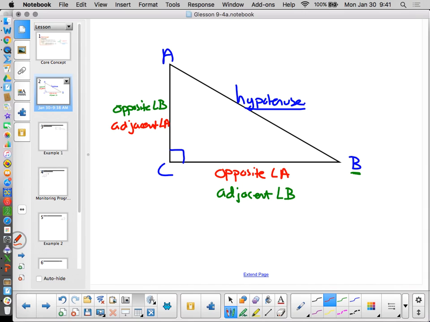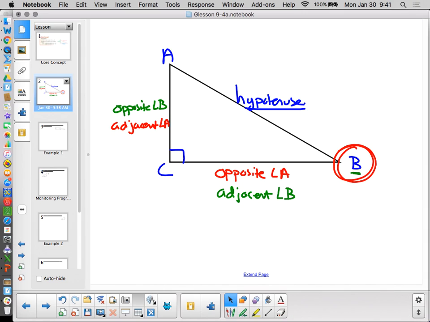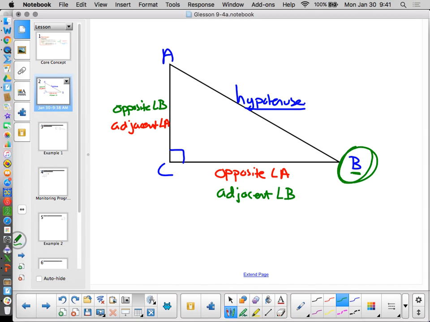If I'm talking about angle B, sorry, I shouldn't have done that in red because I'd always been doing the A stuff in red, so let me undo that real quick. We're going to talk about angle B, which I'll do in green to keep the color coding straight. If angle B is my point of reference, and sometimes I'm actually going to draw a little person there to indicate that's where I'm standing, that's my point of reference.